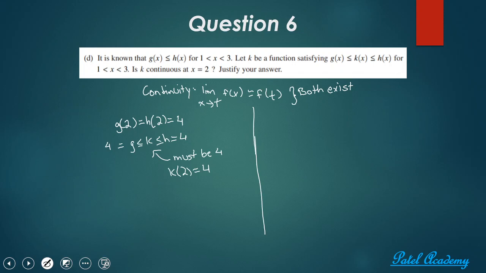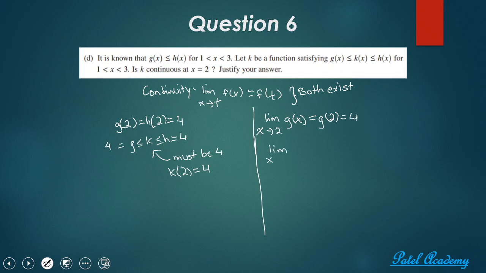Alright, so the limit as x approaches 2 of g at x. Now keep in mind that the same idea of differentiability implying continuity exists, and so this is equal to 4.